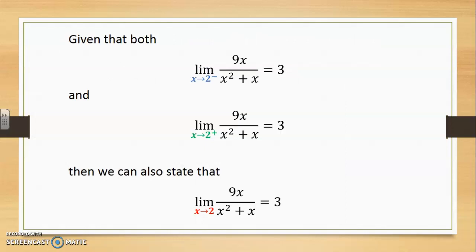Given that both the left hand and the right hand limits as x approaches 2 agree on producing an outcome of 3, we can then also state that the limit as x approaches 2, with no mention of the directional approach, for the function 9x over x squared plus x is equal to 3. This basically means that regardless of how we head towards 2, 3 will be the limiting value of the function.